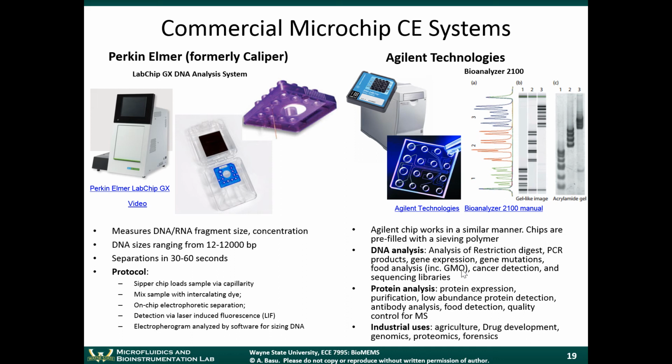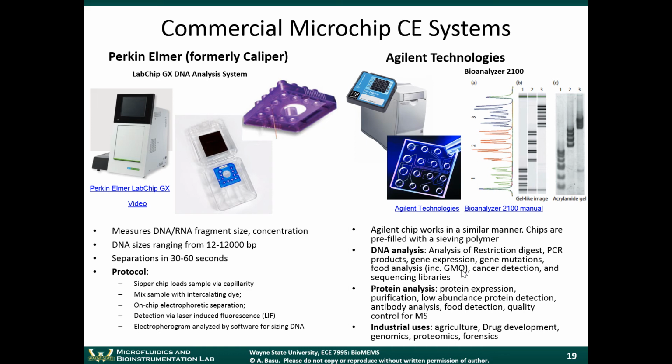You can actually take a seed from there and use a restriction enzyme to chop the DNA up into smaller fragments and put that into a DNA analyzer. And based on these fragment sizes or the electropherogram that you see, you can actually determine whether it was a genetically modified organism or whether it was a wild-type organism.